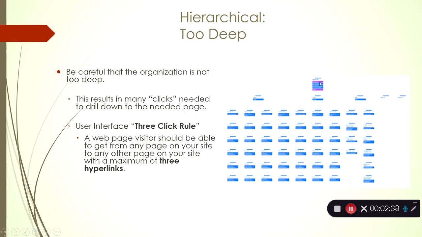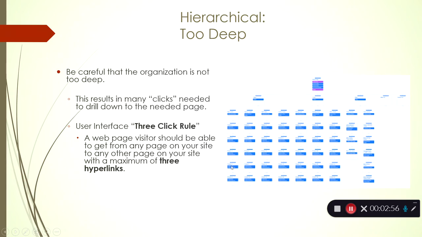You can see how many clicks you have to use: 1, 2, 3, 4, 5, 6, 7, 8. To reach this page from the home page, you have to use 8 clicks. That is too deep, and it's very confusing.